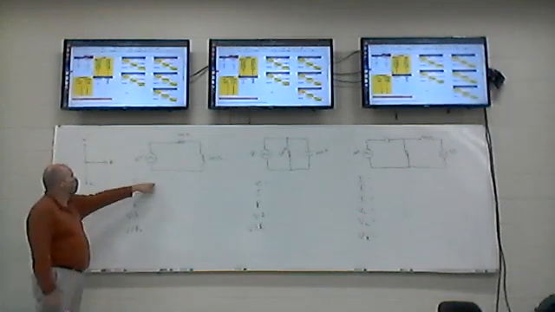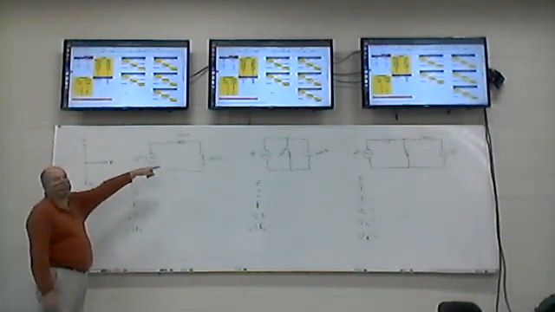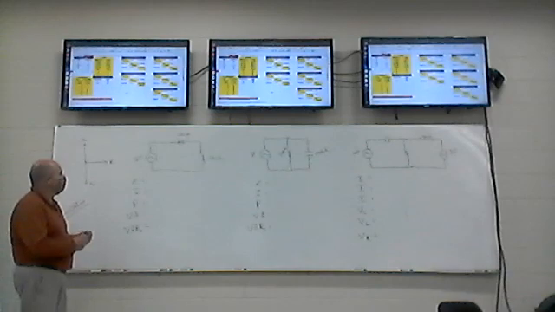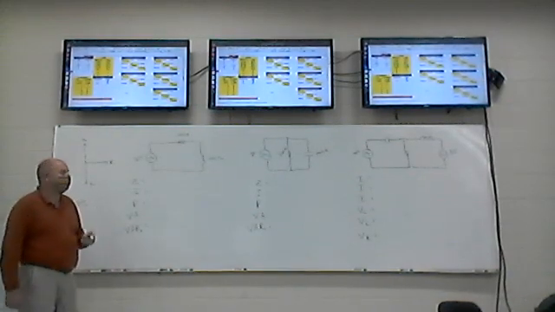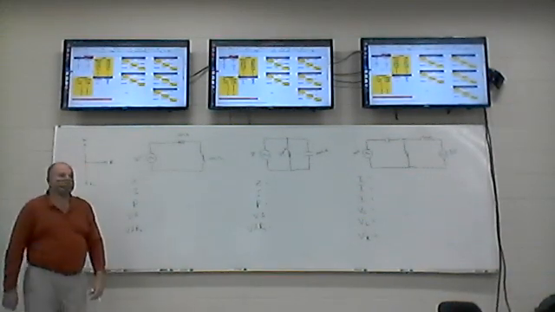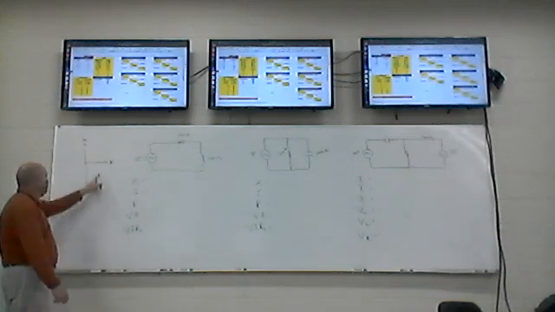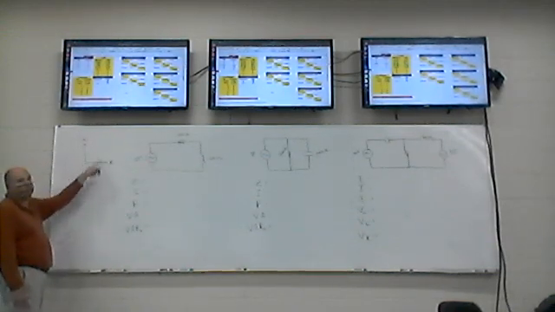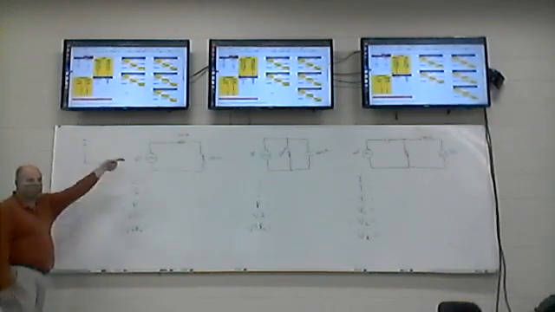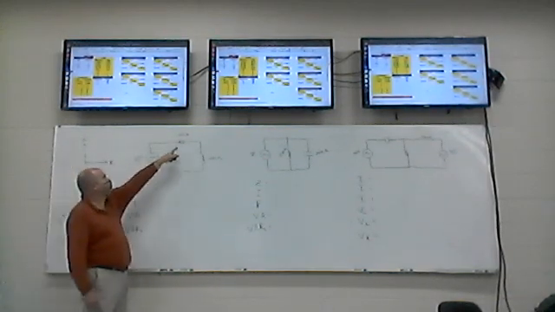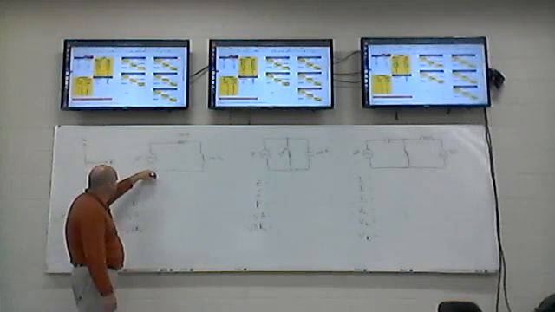So my impedance is, what's my real part? For this circuit, what's my real part? 100 ohms.